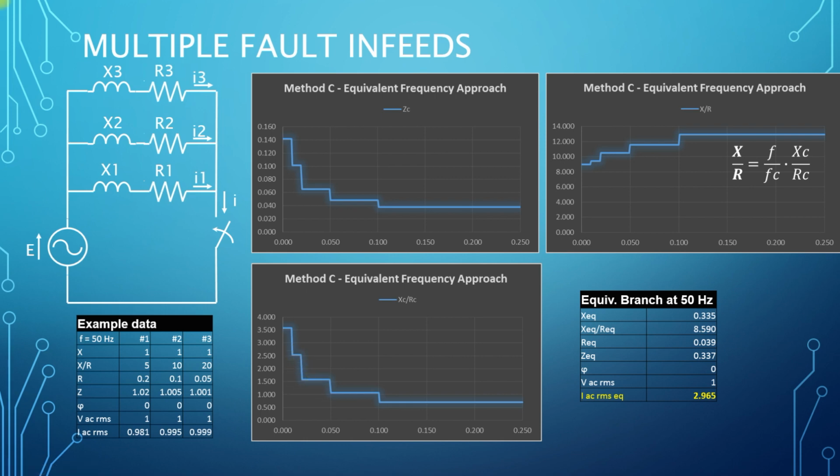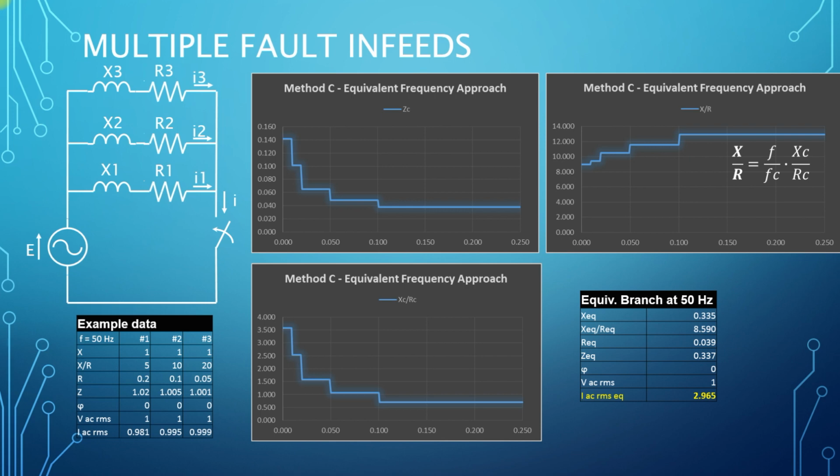And then once we have the variation of XC over RC as a function of time, we can convert that to the variable X over R ratio that we need for our equation by using this term, which gives us this graph here. So we can see that what method C is doing is increasing the X upon R ratio as a function of time.